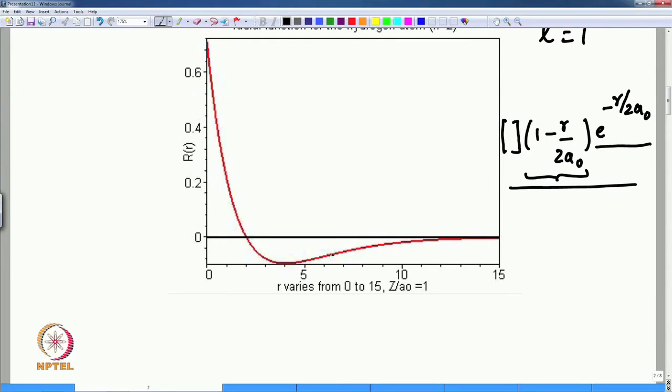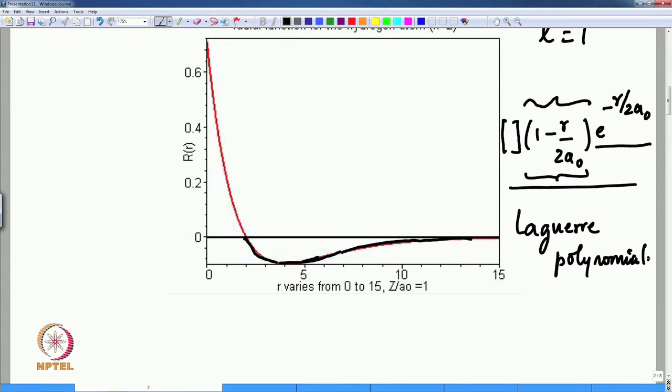Therefore, after some time the function goes such that the exponential tapers it off. This initial increase is due to this, which is part of what is known as the Laguerre polynomial, which are solutions for the radial equation.